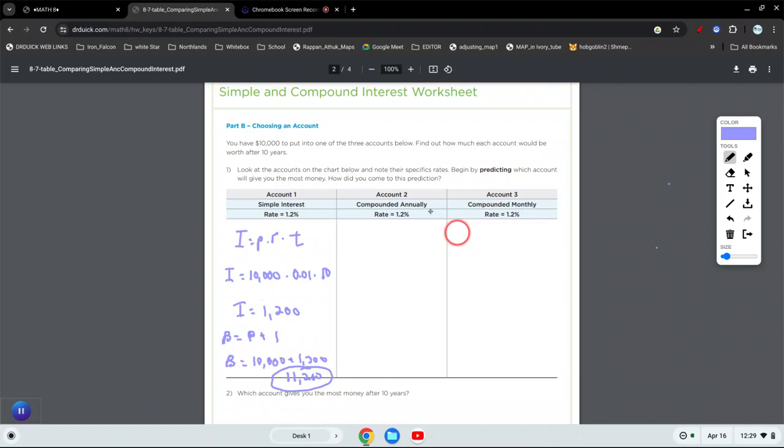Simple interest, okay? Now, compound interest means you're basically taking the money, if we can think of it visually. If I do simple interest, let's say I have a bag of money. It's 10,000, and I just wait for 10 years. And then when I cash it out, it's now worth $11,200.